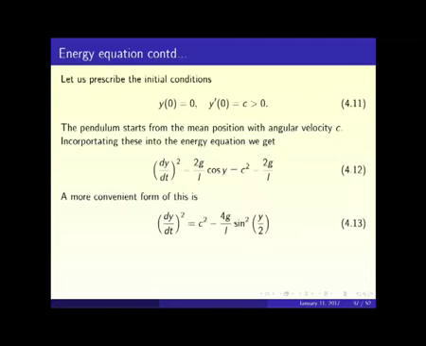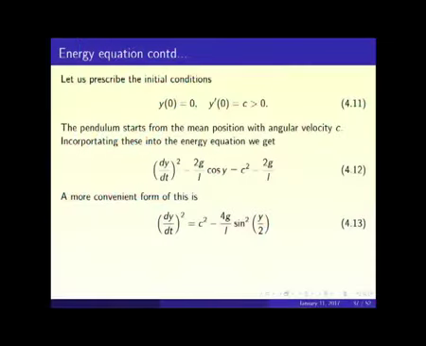Now recall the trigonometric identity: 1 minus cos y is 2 sine squared y by 2. So you get dy by dt the whole squared equals c squared minus 4g upon L sine squared y by 2, equation 4.13.